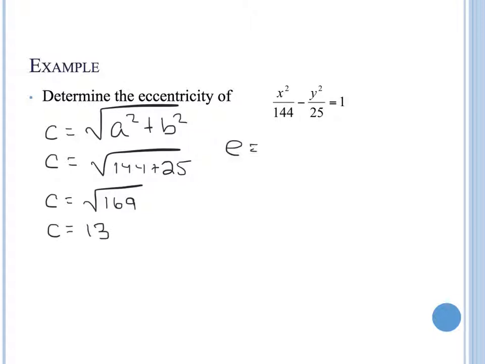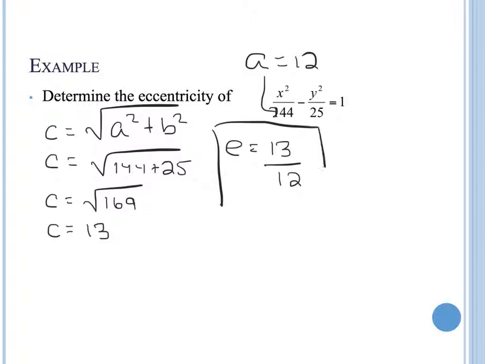So e would be 13 over a, and a in this case is 12. So this would be a not very curvy hyperbola, because 13 over 12 is pretty close to 1. If we had something like 5 over 12, it would be considerably curvier, but this, not so curvy.